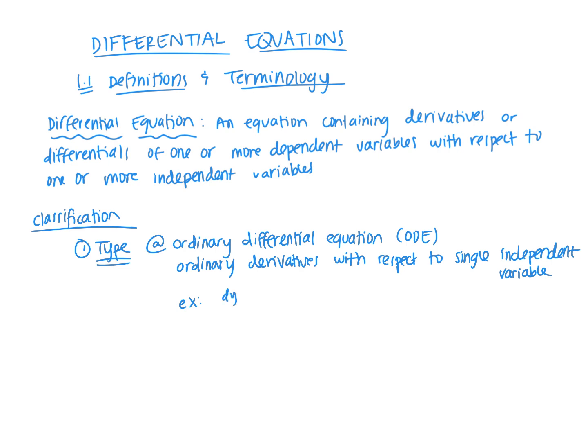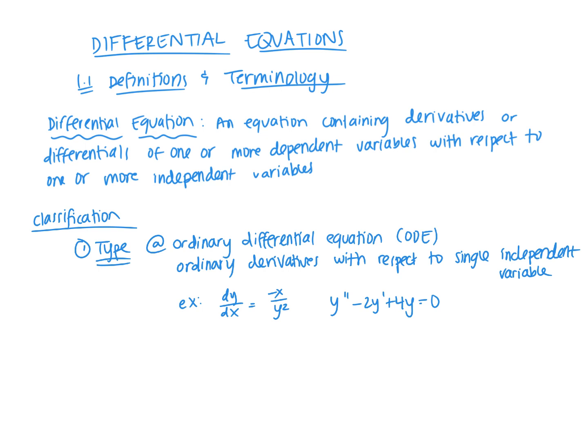We might have dy dx is equal to negative x over y squared. Another one would be y double prime minus 2y prime plus 4y equals 0. That y double prime is just the second derivative of y with respect to x. Those are derivatives, like it says above.